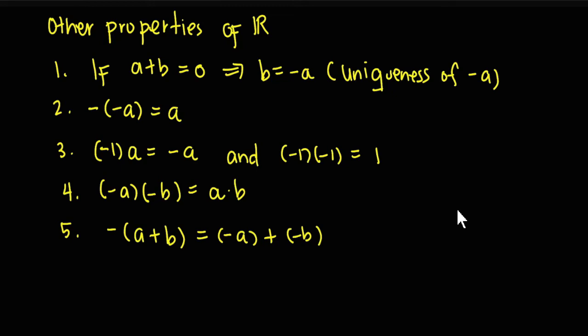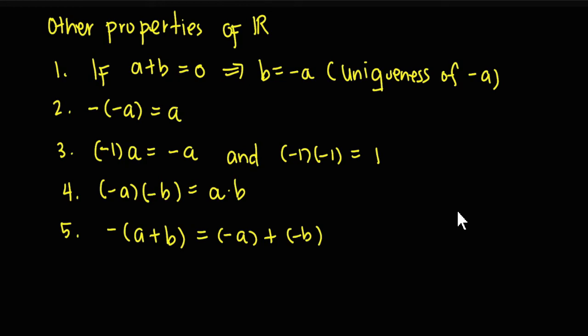Meaning, if you add two numbers and the result is 0, then those two numbers are the additive inverse of each other. So the additive inverse is actually unique. Number 2, the additive inverse of the additive inverse of a is a itself. So if you get the additive inverse of a, and then you get the additive inverse of that additive inverse, then you're back to a.